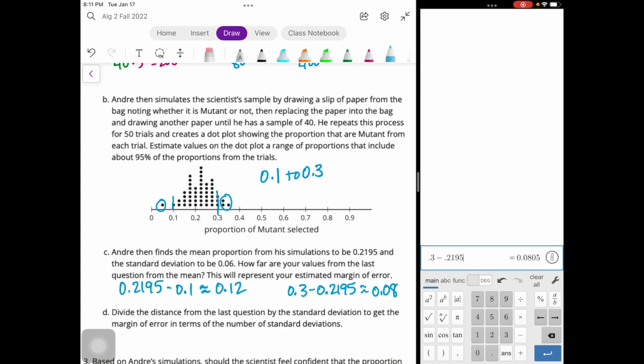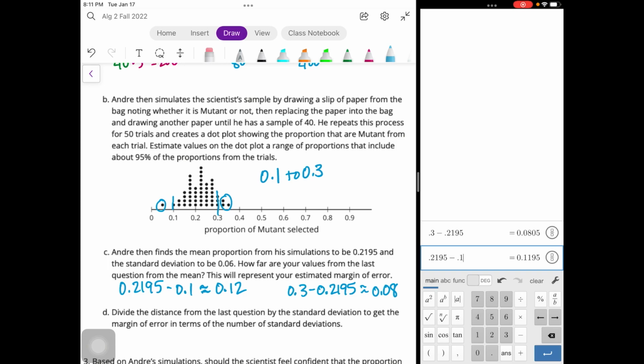And again, 0.2195 minus 0.1 is about 0.12. So we have 1 standard deviation to the right and 2 standard deviations to the left. So that's pretty close to about 95%.